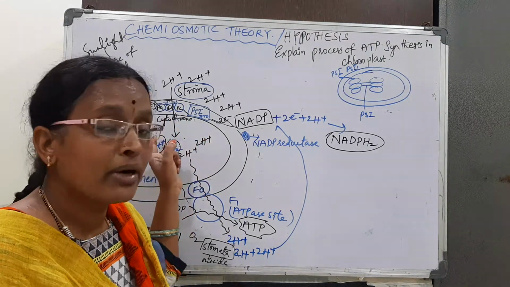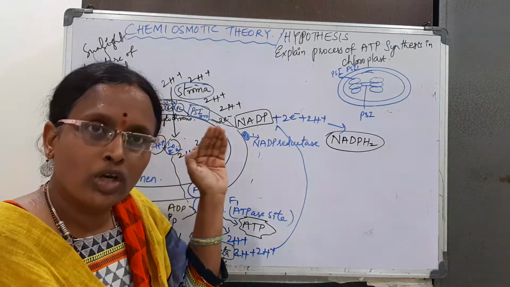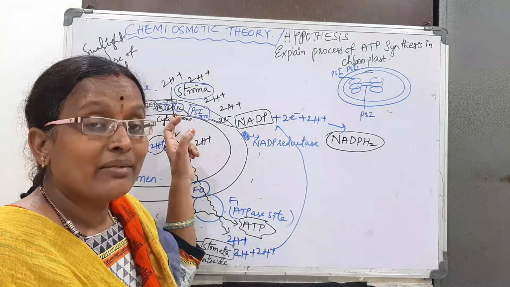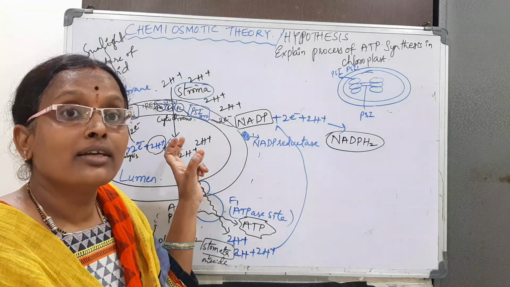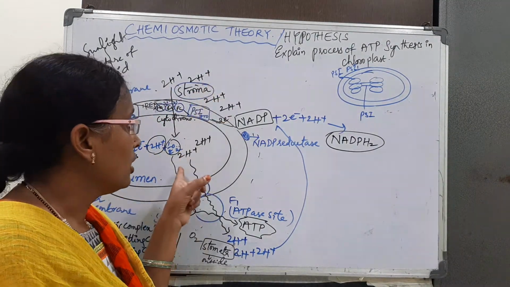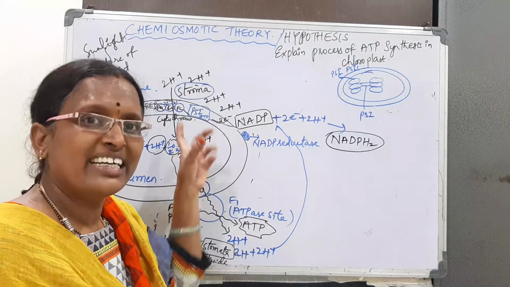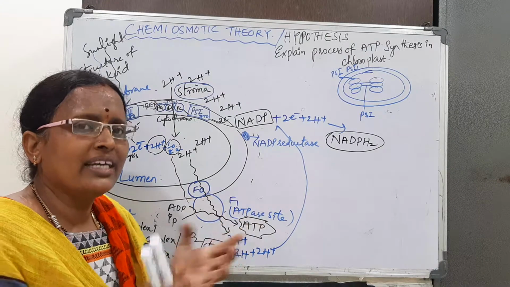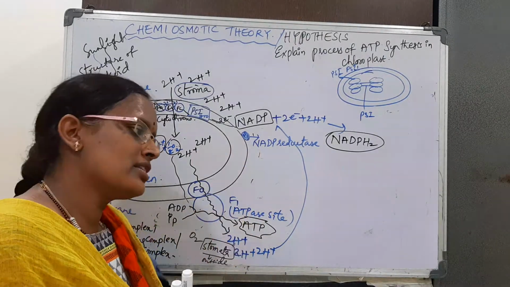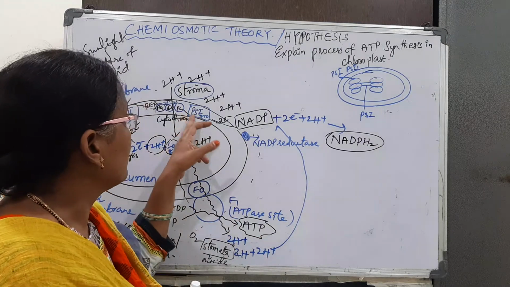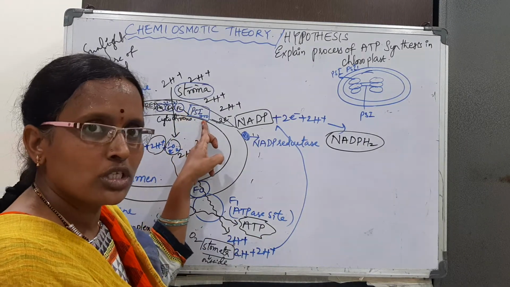While they are passing from the higher level to the lower level, at the place of cytochrome, by taking that energy, it pumps some protons from the stroma into the lumen.